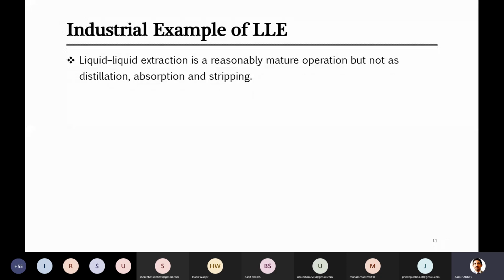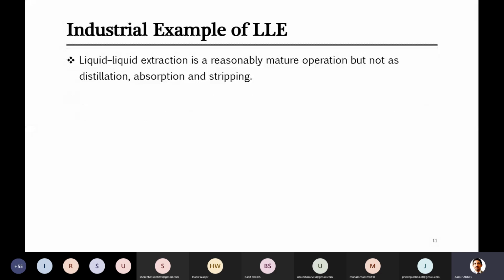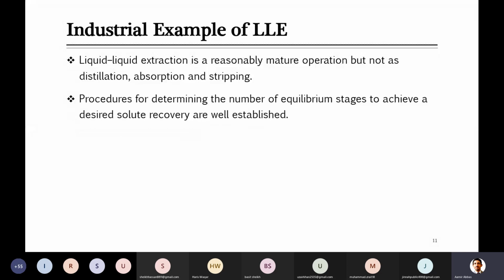Liquid extraction is a reasonably mature technique, but not as mature as distillation or absorption, which we have already seen. Liquid extraction is used, but not on that large a scale as distillation or absorption. The problem is that since it is not that mature, its technology, although available, has seen less development compared to those techniques.